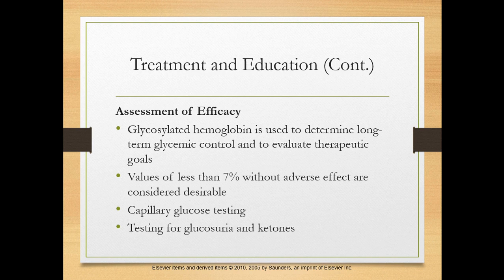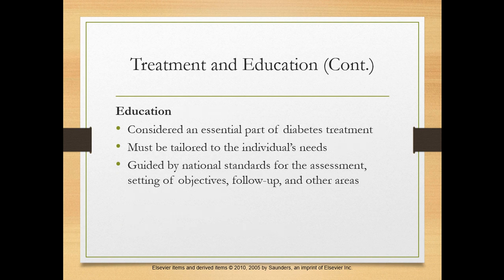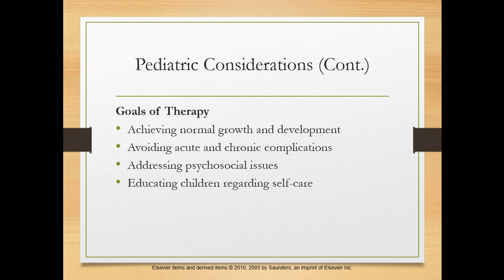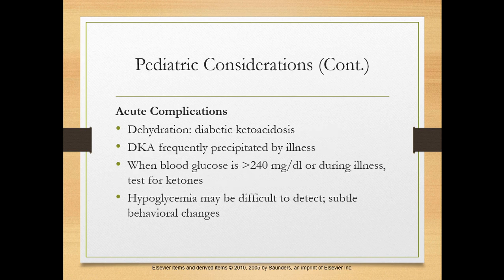It lets us know that there are long-term glycemic issues occurring if it's elevated. That's all listed there. And then again, more education for the patient, making sure the patient understands their goals for therapy.